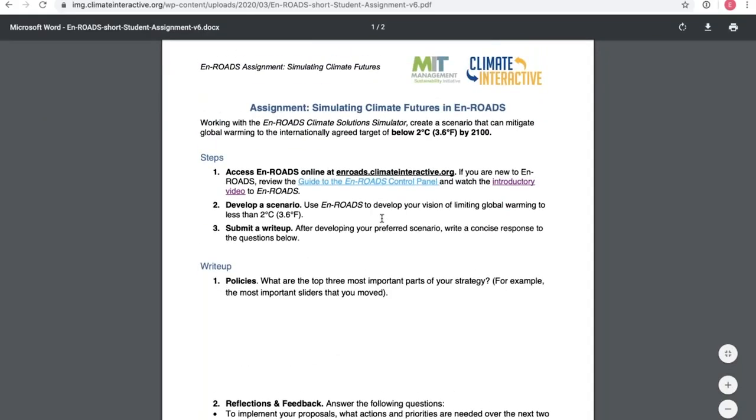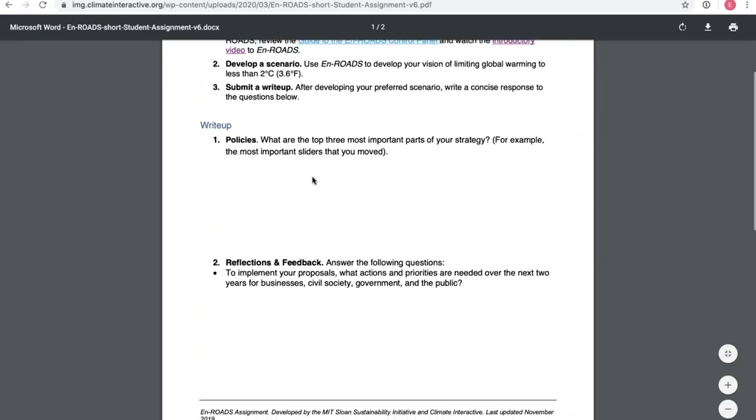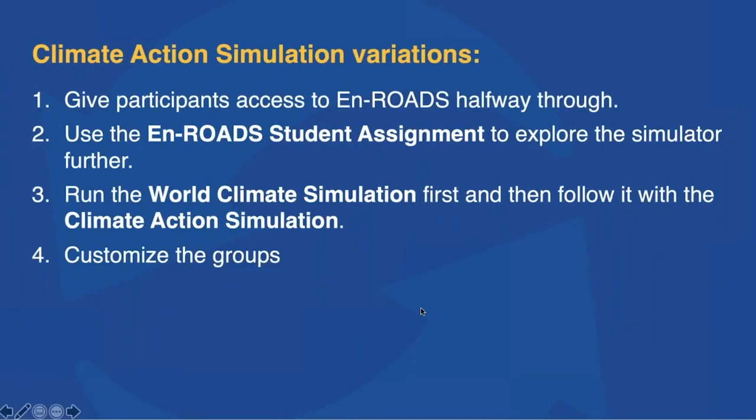Basically it's a worksheet with different prompts to help students explore what are some of the policies and actions that are needed to create a less than 2 degree scenario. So that's available if you're interested in using that.